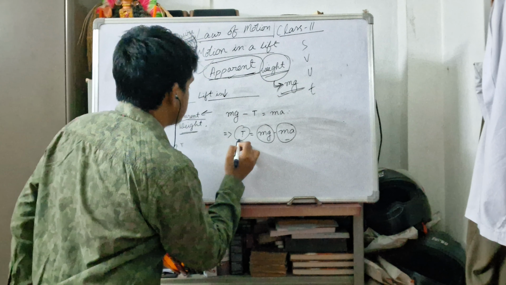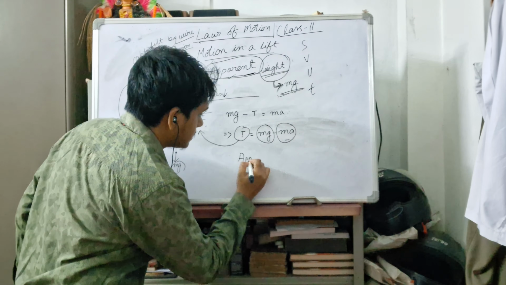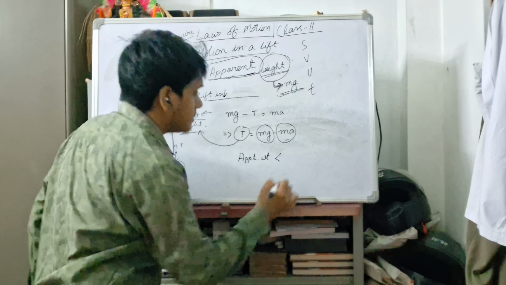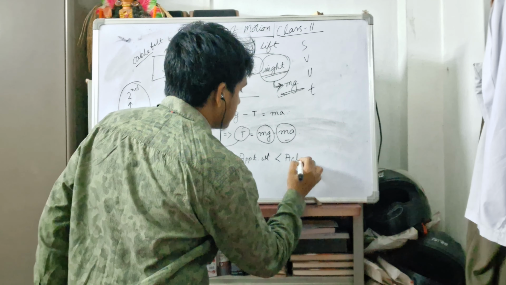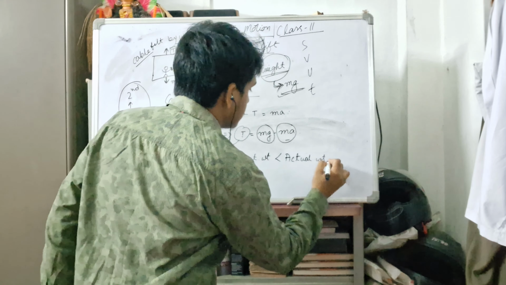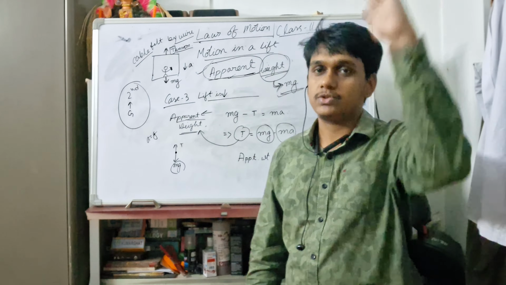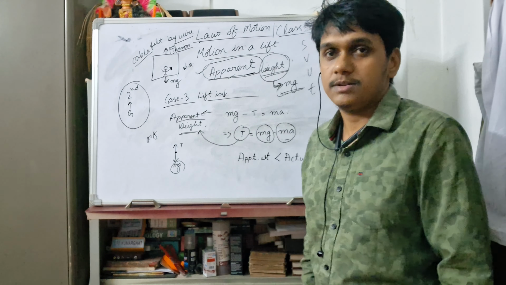This was your apparent weight. So now your apparent weight is less than your actual weight. That's why you feel the discomfort while going from higher floors to lower floors. You feel something light. I am feeling very light.